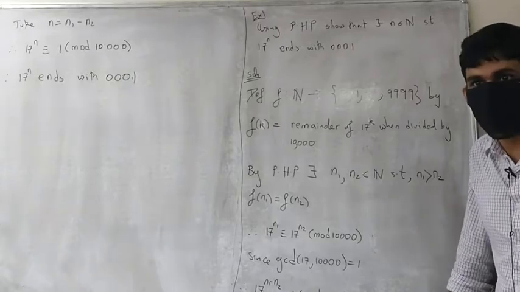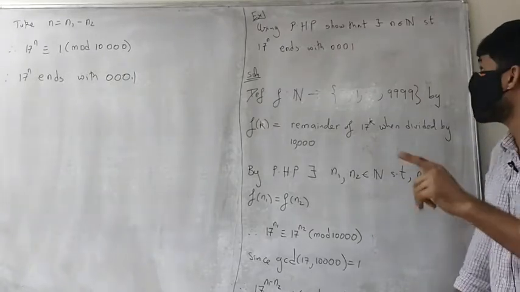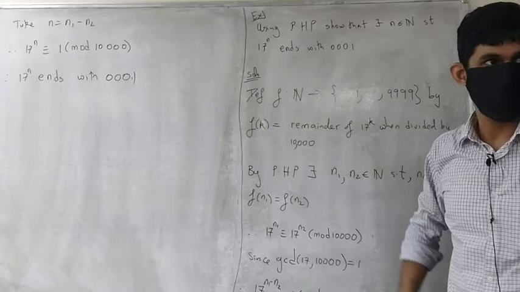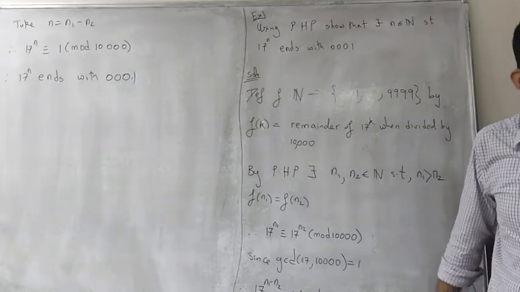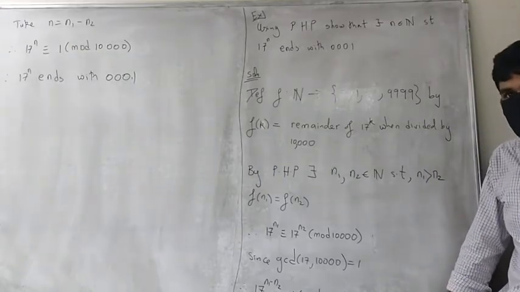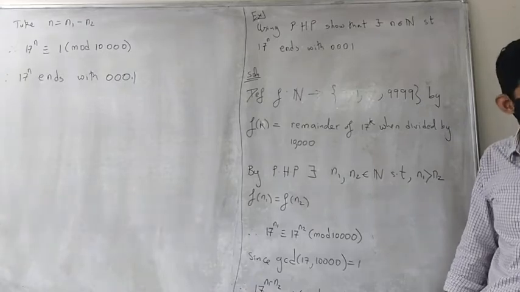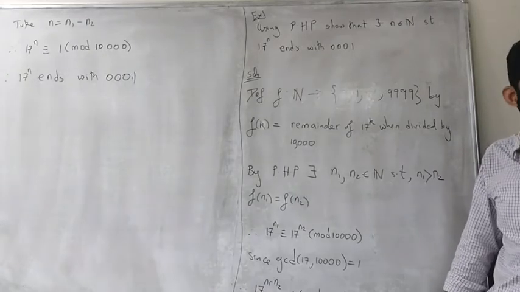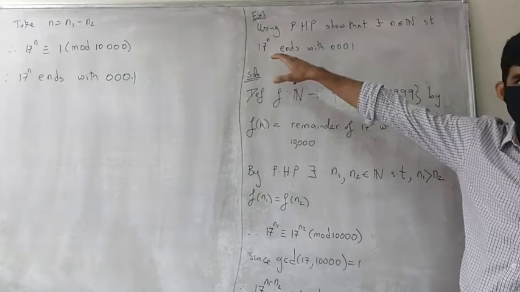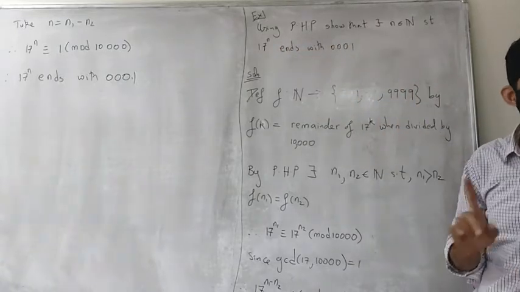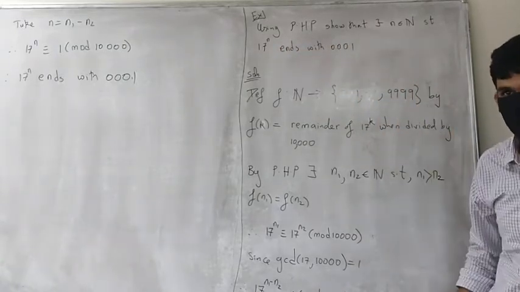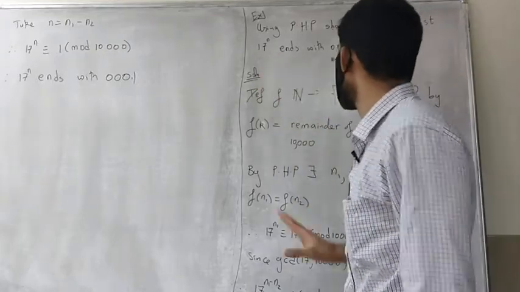Because the primes that divide 10 and the primes that divide any power of 10 are the same. So as long as I know that the GCD with 10 is 1, it would work, right? So I need not take 17, I can take any number whose GCD with 10 is 1.